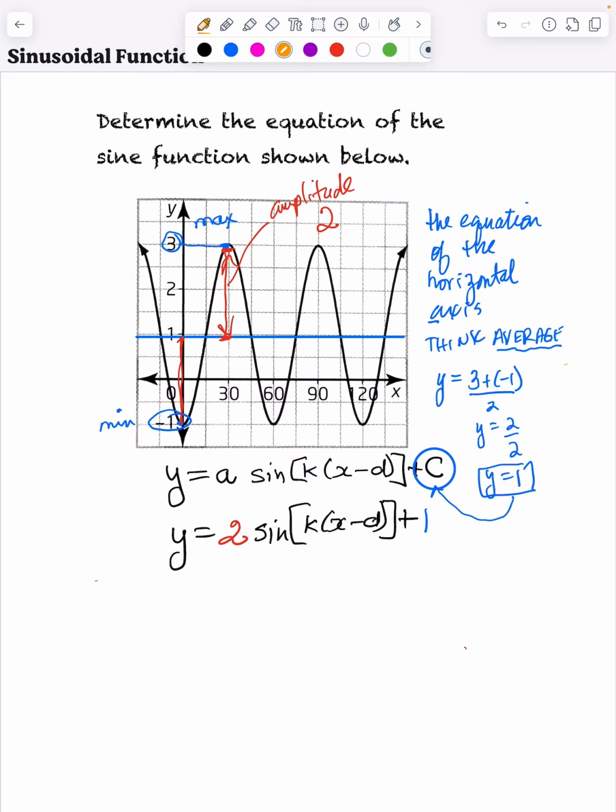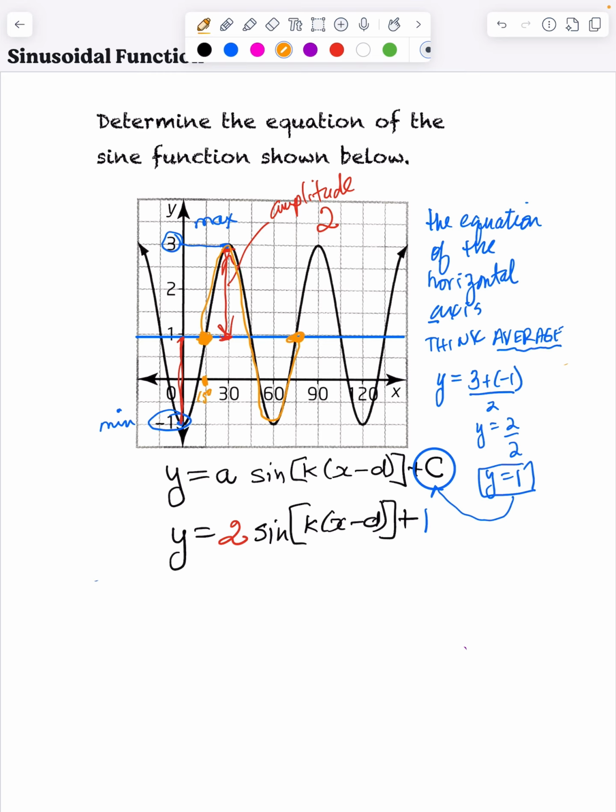I'm going to go on to try and figure out the D next. So if I look at a sine function, one single cycle starts here, ends here. When I look at the axes, this is going up at intervals of 15.